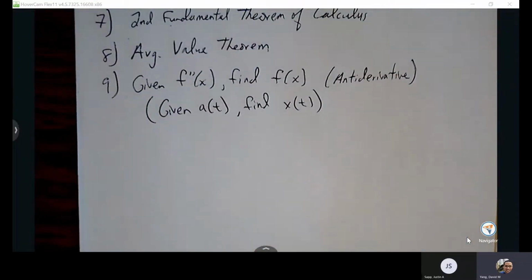Okay, so next up, let's do an average value theorem.